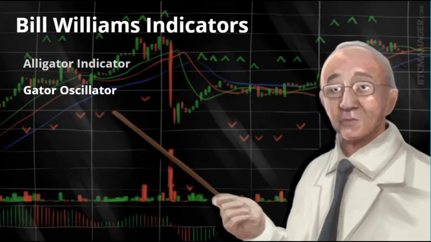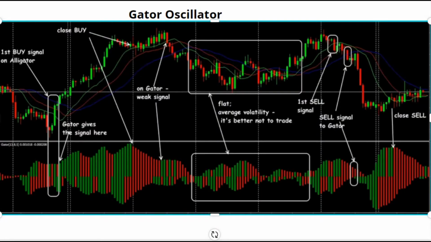The next one, Gator Oscillator. The Gator Oscillator uses the balance lines from the Alligator indicator to calculate two values, one positive and one negative. These are plotted beneath the main price chart as a dual histogram. The positive value is the difference between the blue and red balance lines.